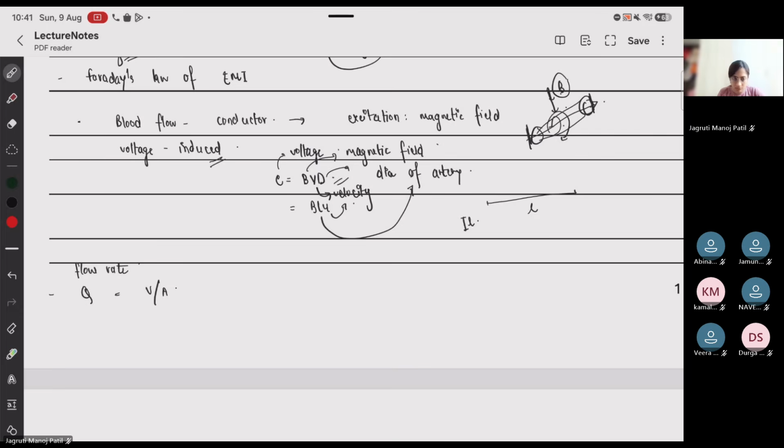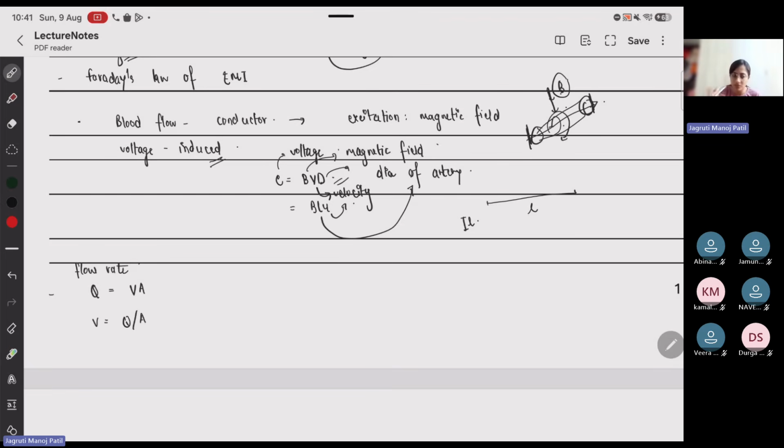Okay. Did I write it wrong? Flow rate is represented by Q. So that's the velocity of the blood flow through a unit cross-sectional area, not across it. Or else, if you want to find velocity from here, it can be given as the flow rate divided by the cross-sectional area.